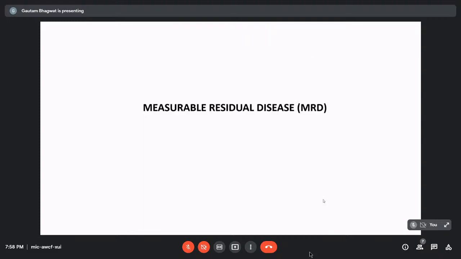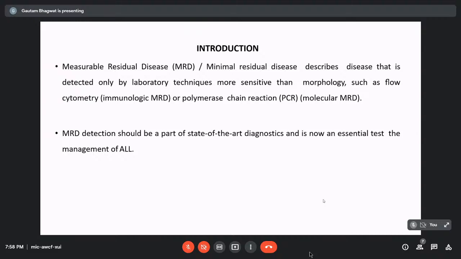Coming on to another important application of flow cytometry, that is measurable residual disease. Now what is a measurable residual disease? Earlier we used to call it minimal residual disease. It describes the disease that is detected only by laboratory techniques more sensitive than morphology. Historically we have been giving a morphological complete remission when we have less than 5% blasts on bone marrow.